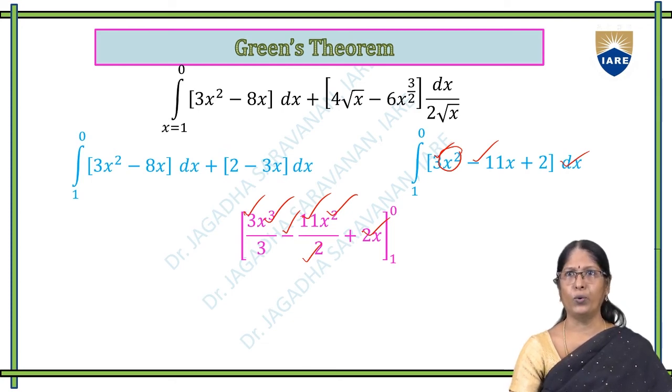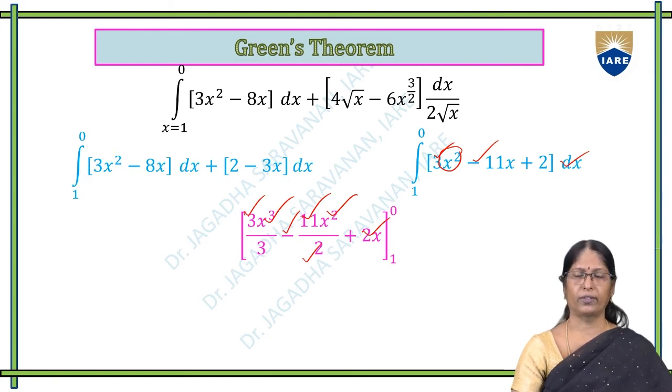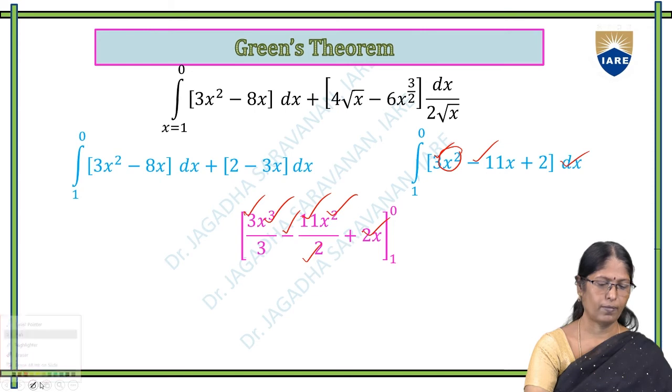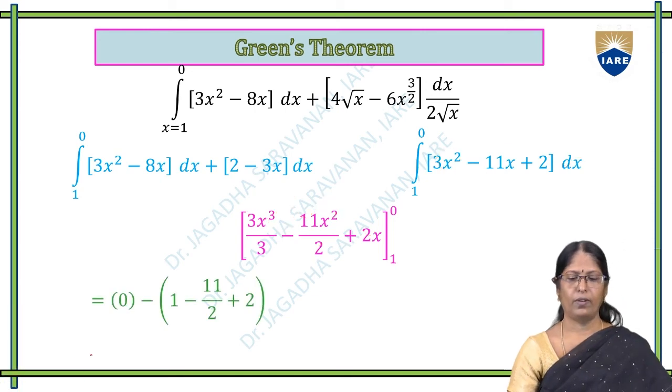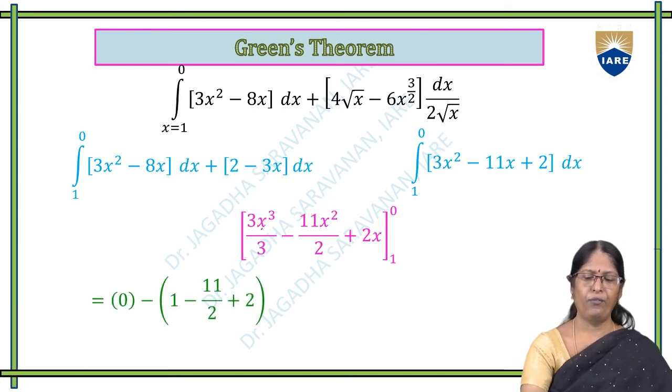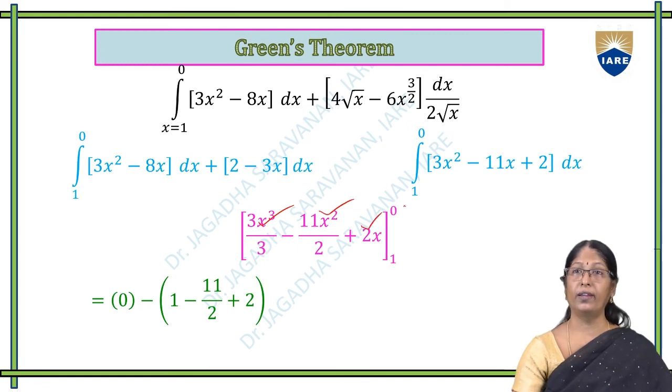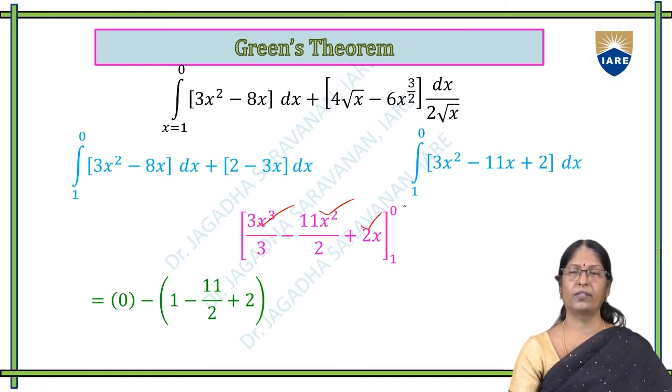Now we have to substitute our upper limit value 0 and lower limit value 1 in the place of x. So the 3 terms are there, and every term has x.